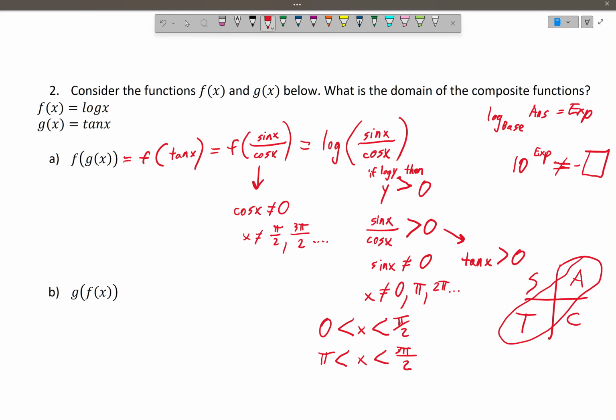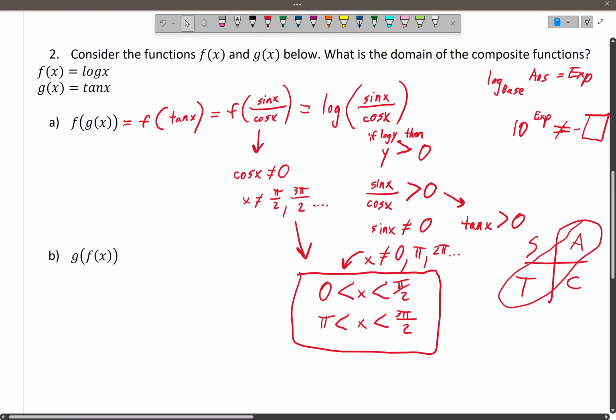And actually, this is enough of a restriction for the whole question because these are satisfied and these are satisfied. So you can see that these composite functions can get really wild if we add logs or trig inside of them. Let's go ahead and do this in reverse.